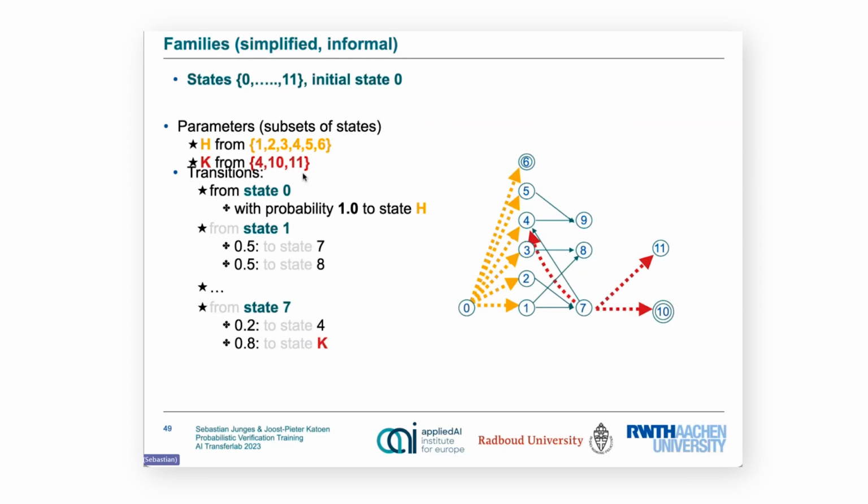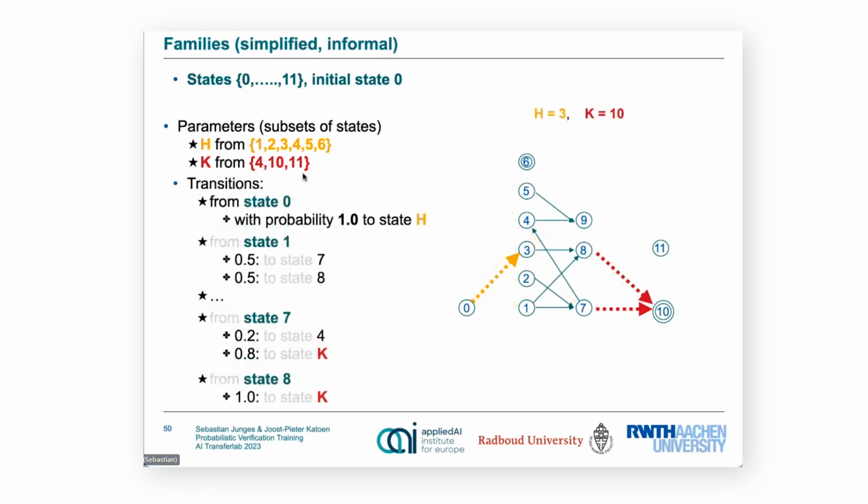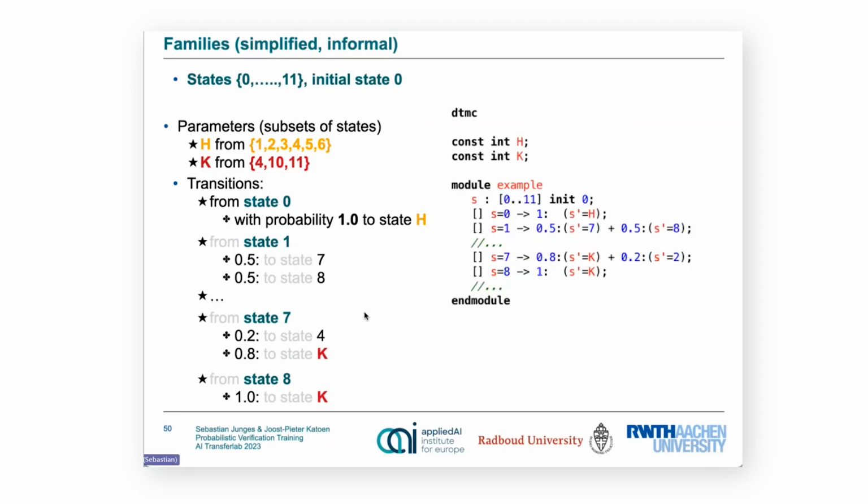Now, this maybe looks a little bit strange to you. Why would you actually model it like this? Let me first clarify: if we now pick constant concrete values for h and k, we will just get a concrete Markov chain. Now, why would you model it like this? Well, here is a prism file that is exactly doing what I'm telling you on the left. I define 2 constant integers, h and k.